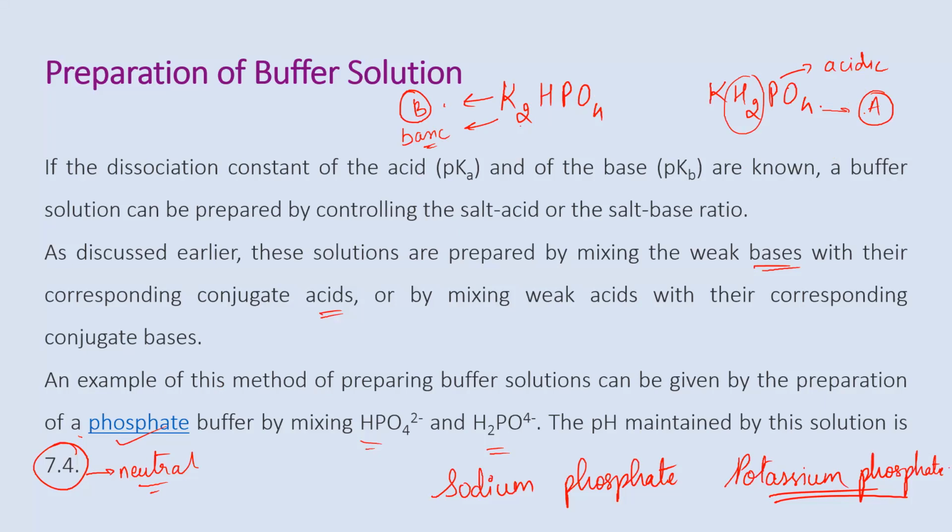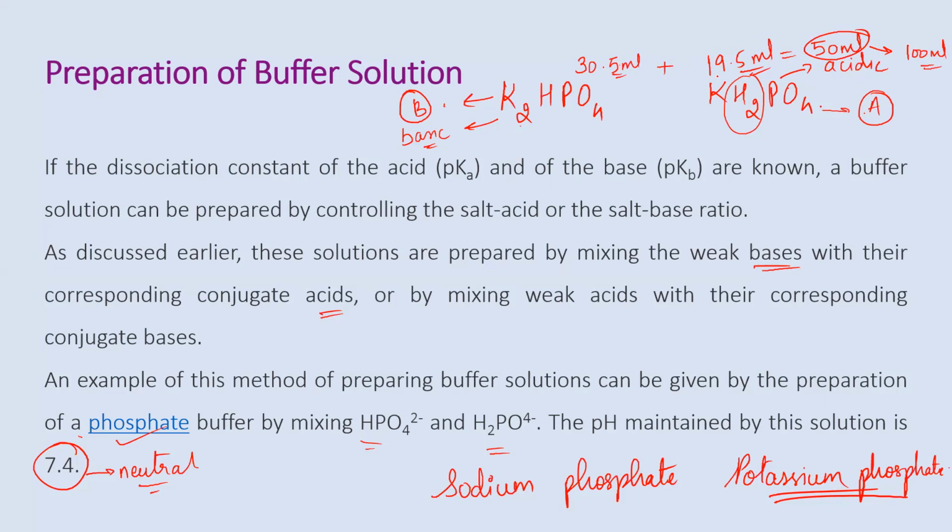Now when I want to make a phosphate buffer, mostly I take about 19.5 ml of this, and, if I'm not wrong, 30.5 ml of this, something like this. When I add them together, I get 50 ml. Now this 50 ml, I will level up to 100 ml using water.